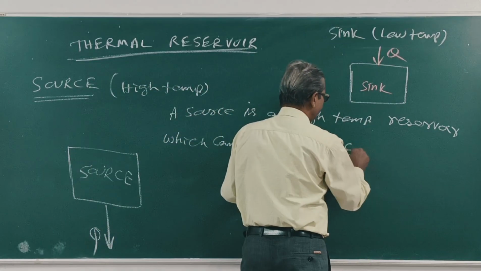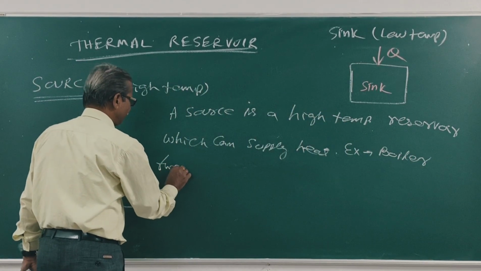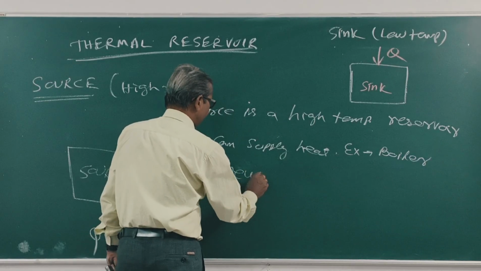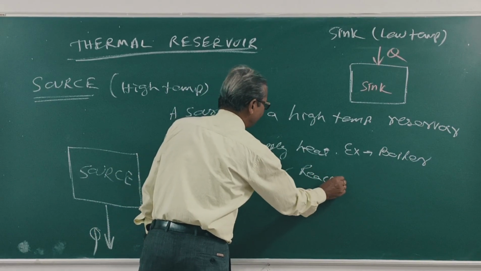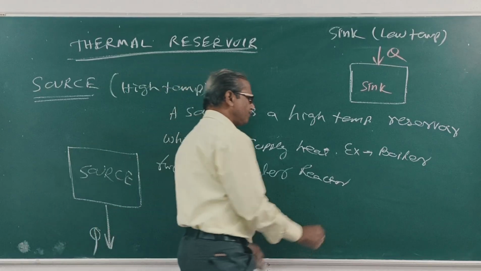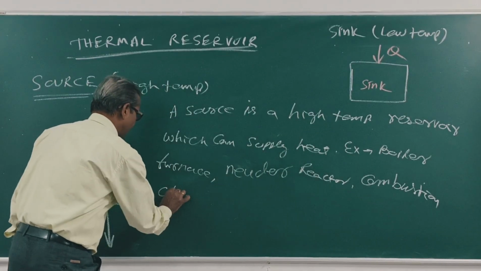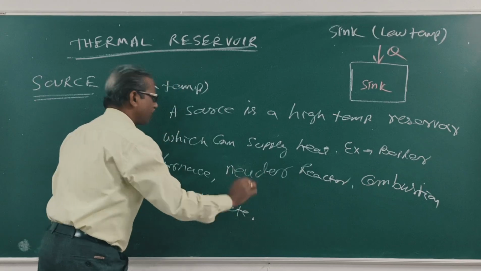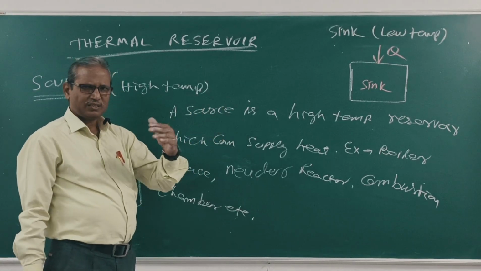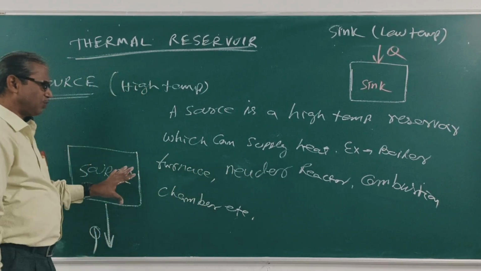Examples are boiler, furnace, nuclear reactor, combustion chamber, etc. This can supply heat. It has sufficiently large heat capacity. Examples are boiler, furnace, nuclear reactor, combustion chamber. These are examples of a source.